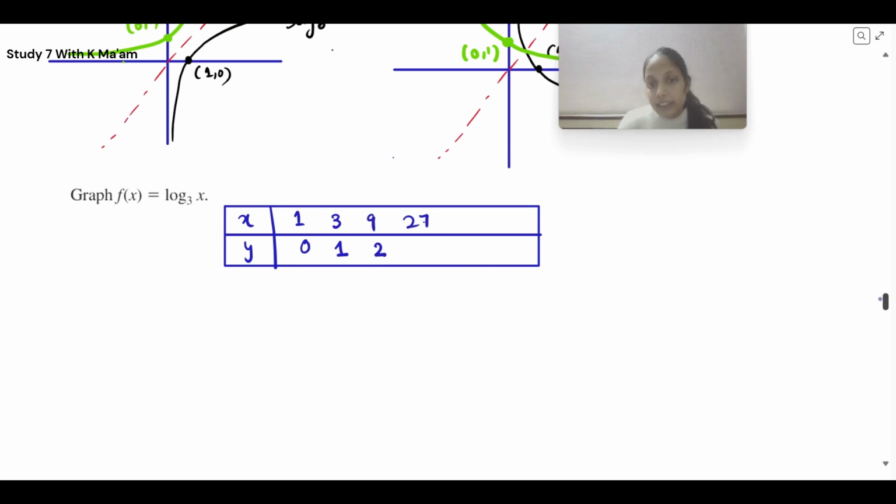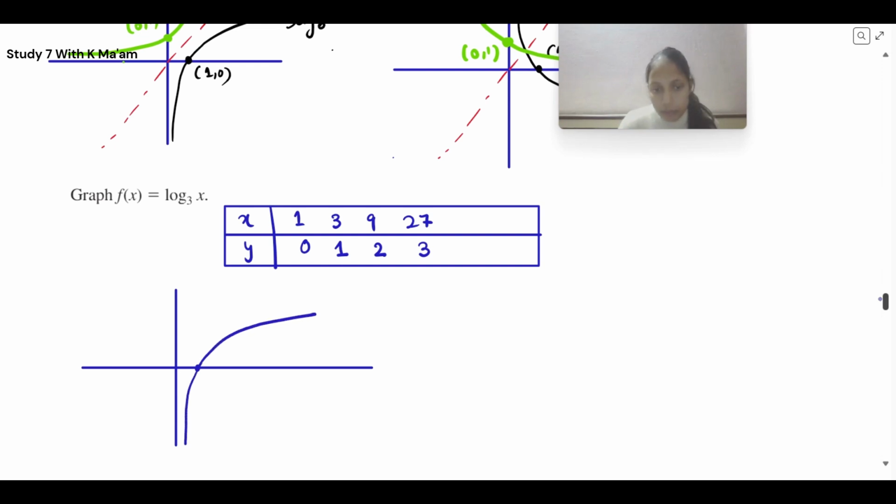At 27 it's 3. So it works like powers of 3. The graph is like this. Because the base is 3, a positive base greater than 1, the graph is like this. It will cut at 1, 0.